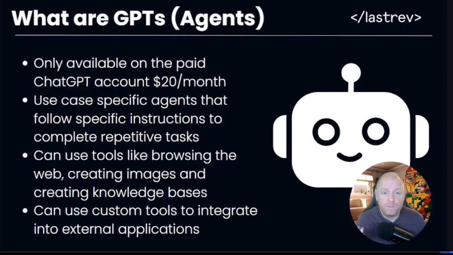They can also use tools like web browsing, creating images, and even giving them knowledge bases based off of your uploaded documents. And if you have a developer, you can also use custom tools to integrate them into your external or even your internal applications.